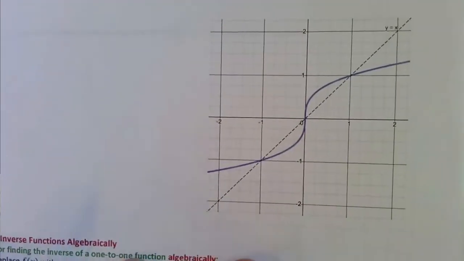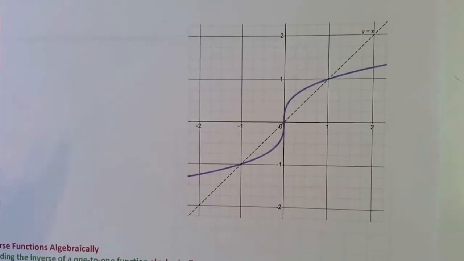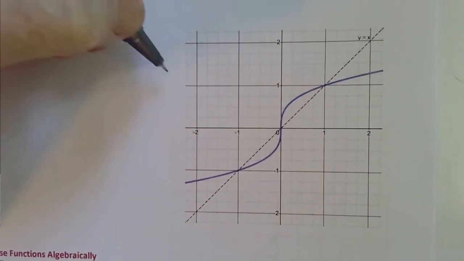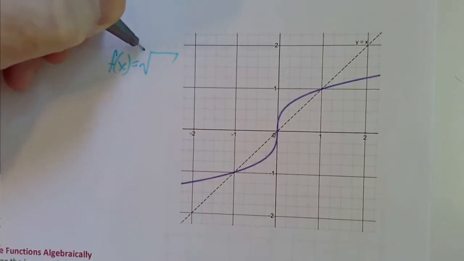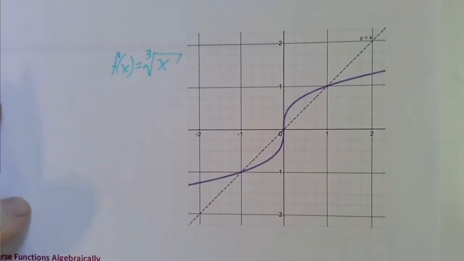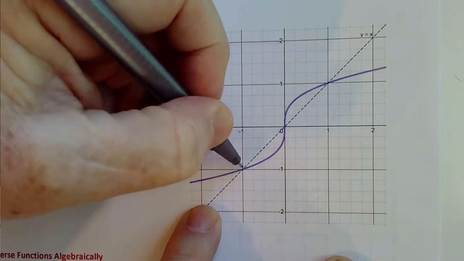Now use the sketch of the cube root of x. So this is f of x equals the cube root of x, to draw a sketch of its inverse function. And we can kind of do this together.